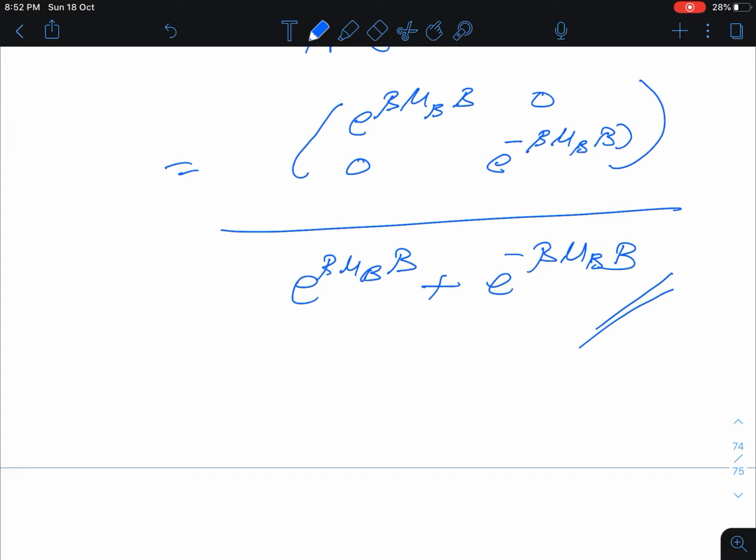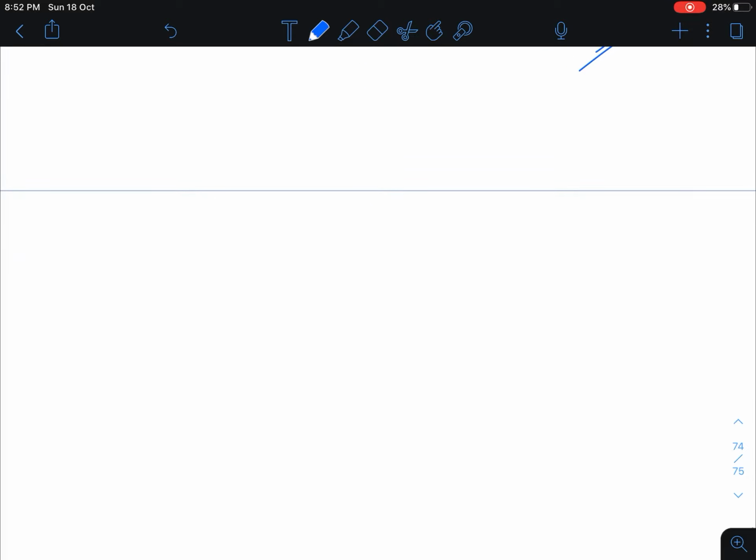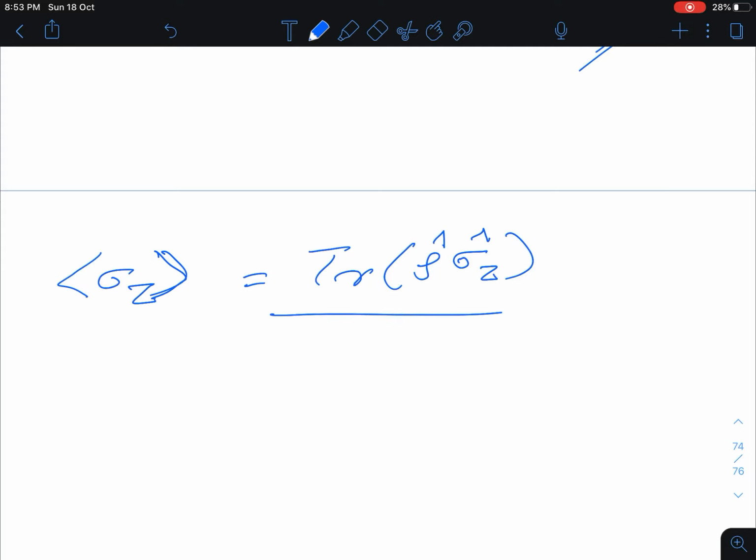Now let us find the expectation value of sigma z. That is simply the trace of rho cap sigma z cap divided by the trace of rho cap.